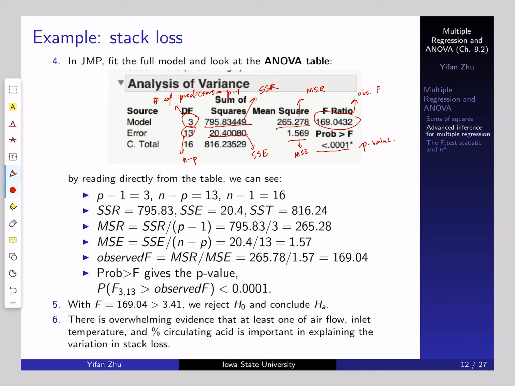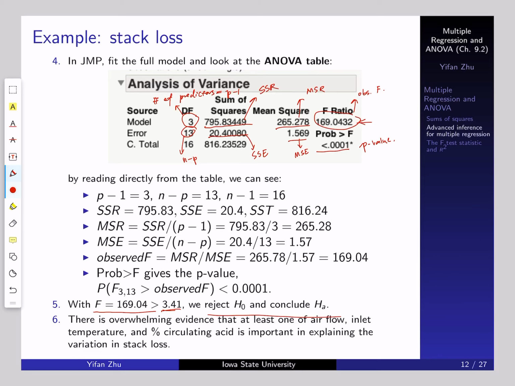And since the F statistic is 169.04, this is greater than the critical value of 3.41. So we will reject H0 and conclude the alternative.